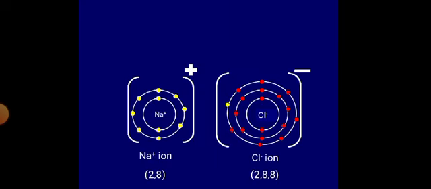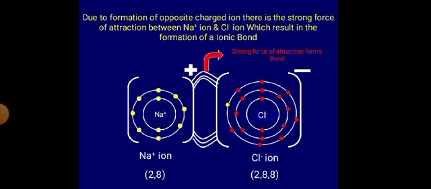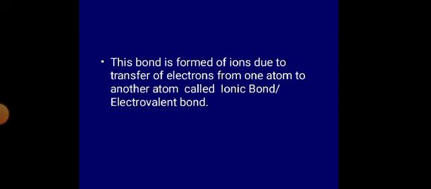In the same way, between the sodium ion and the chloride ion, one is positively charged and the other is negatively charged. There is a strong force of attraction between the two, resulting in the formation of a bond, and that bond is called an ionic bond, or an electrovalent bond.